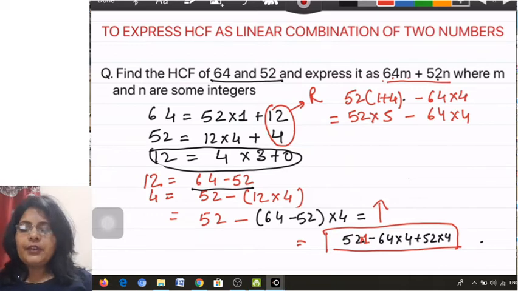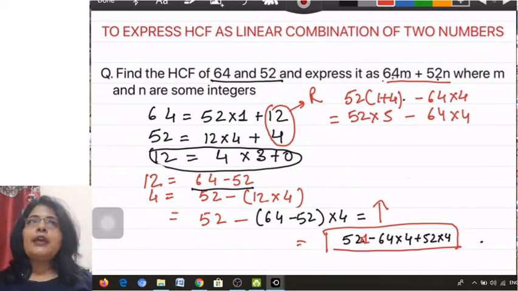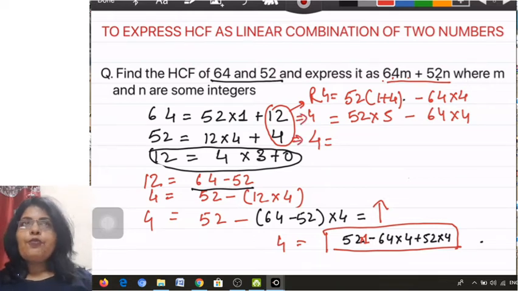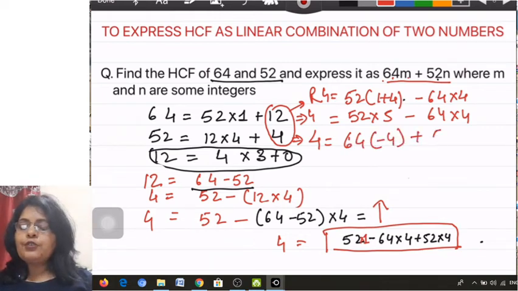Now we can simply shift to this side and we can write over here that 4 equals this, everything is of 4, which implies 4 equals 64 into minus 4 plus 52 into 5.